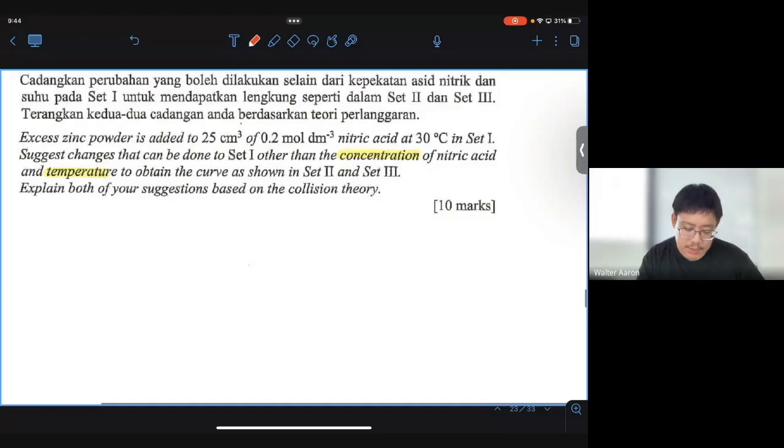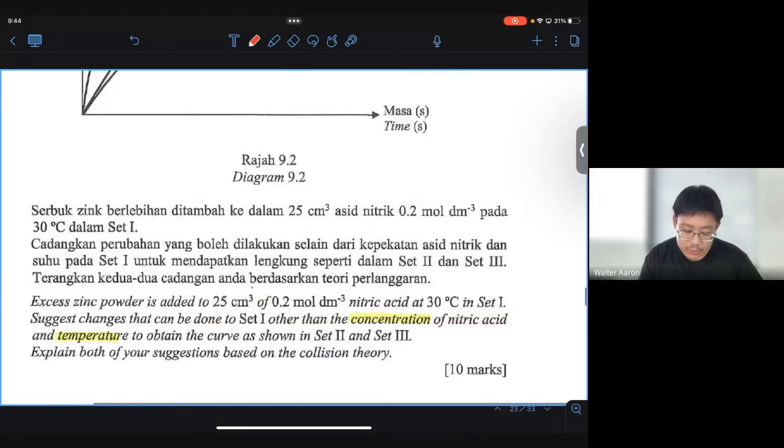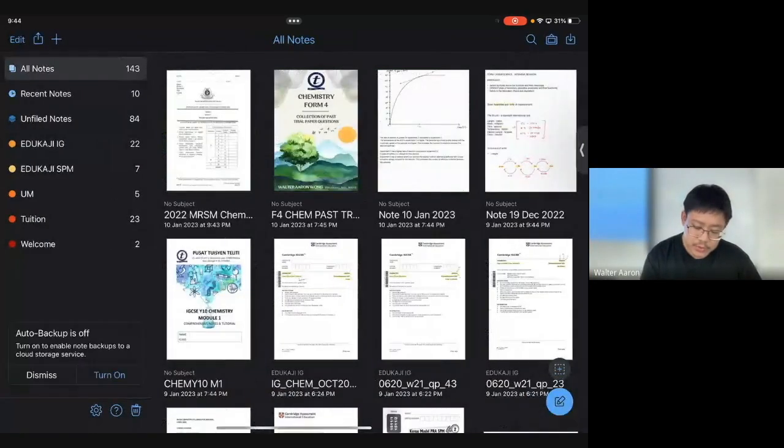Now, they say explain both your suggestions based on collision theory, and there are 10 marks in total. So what we're going to do is write it on a separate paper.